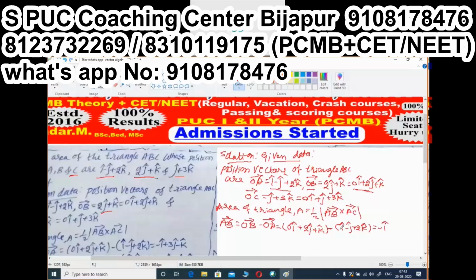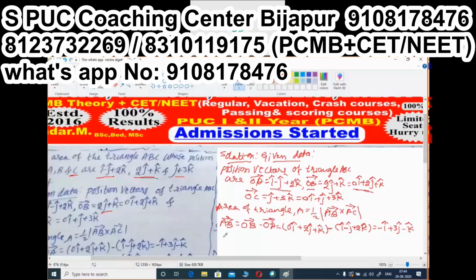Next minus plus is going to happen. Be careful. So 2j cap minus plus j cap, so altogether 3j cap. Okay, next here is k cap minus 2k cap. Then you are going to remain with 1 minus 2, that is minus k cap.